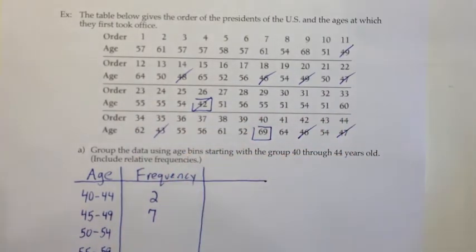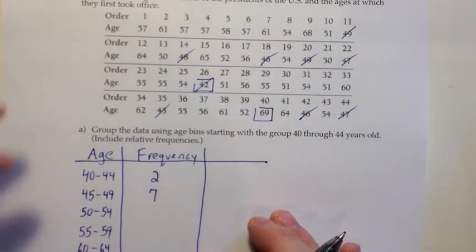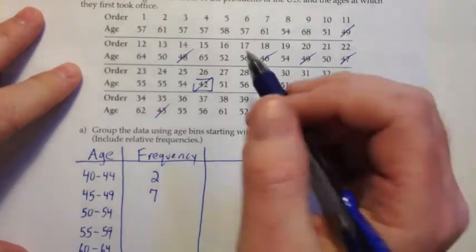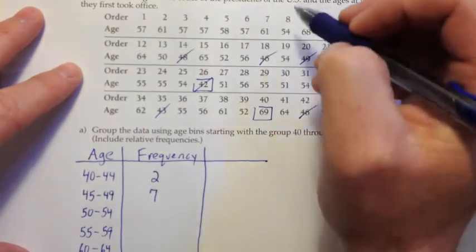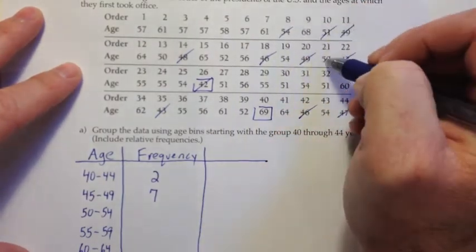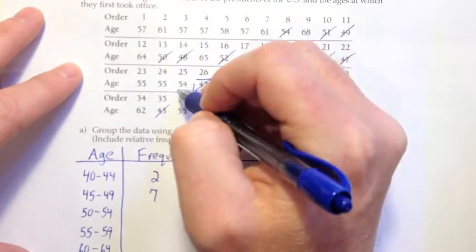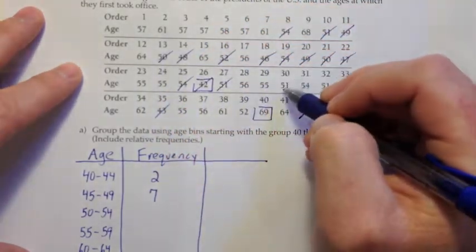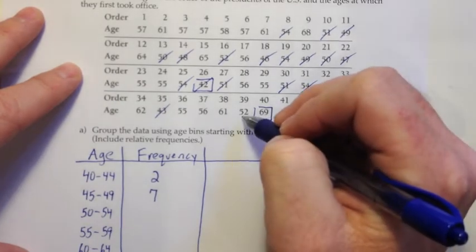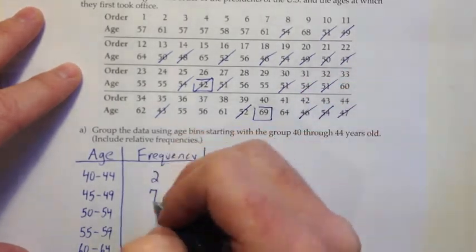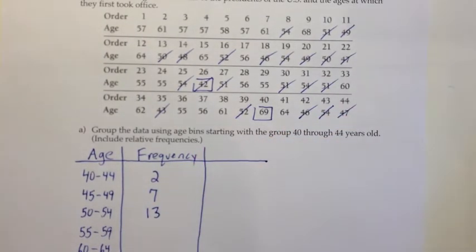So 7 times we elected a president who was in his late 40s, and then we start looking for the lower 50s and see how many of those we can find, and that's anything from 50 to 54 years old. So there's 1, 2, 3, 4, 5, 6, 7, 8, 9, 10, 11, 12, 13. So it looks like 13 times we elected somebody to be president when they were in their lower 50s.